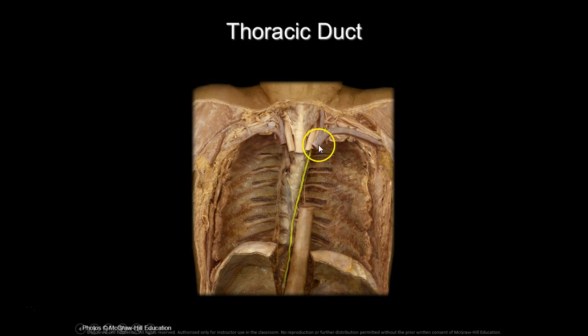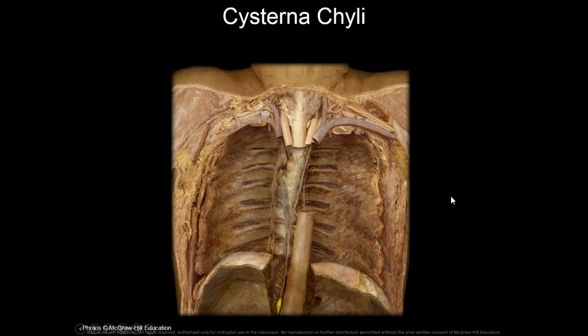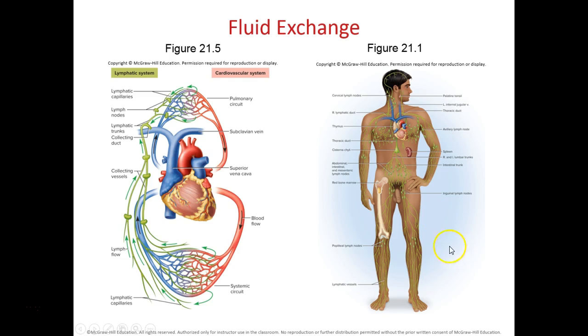All right, so here we're showing that thoracic duct. This is the lymphatic. Here you can see that cisterna chyli, this place where it all pools. Here in these pictures we have the circulatory system, right?